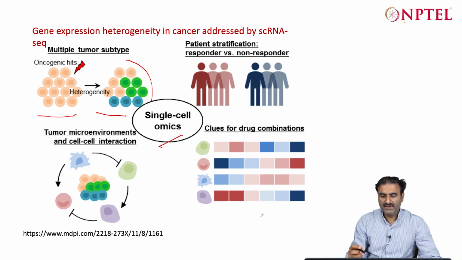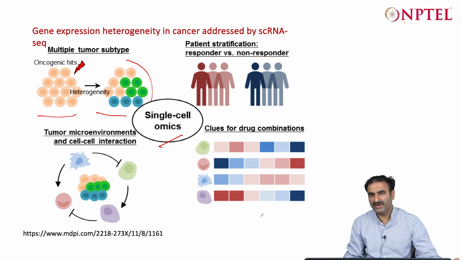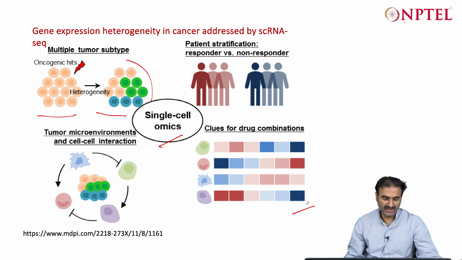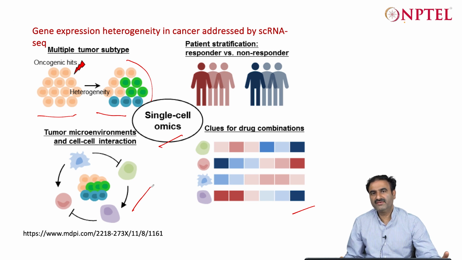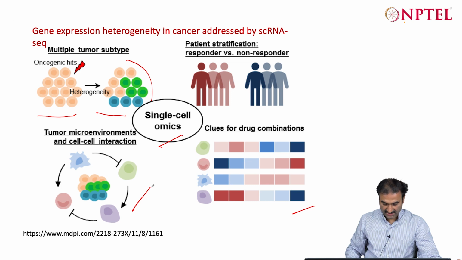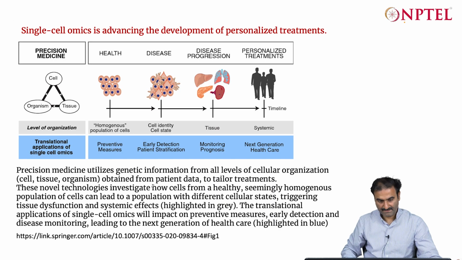Similarly, patient stratification, responder versus non-responder, can also be done based on single cell genomics, which can give you clues for various drug combinations that you can give, and also better understand the tumor microenvironment and cell to cell interactions. So single cell genomics is very, very important to understand the disease states.